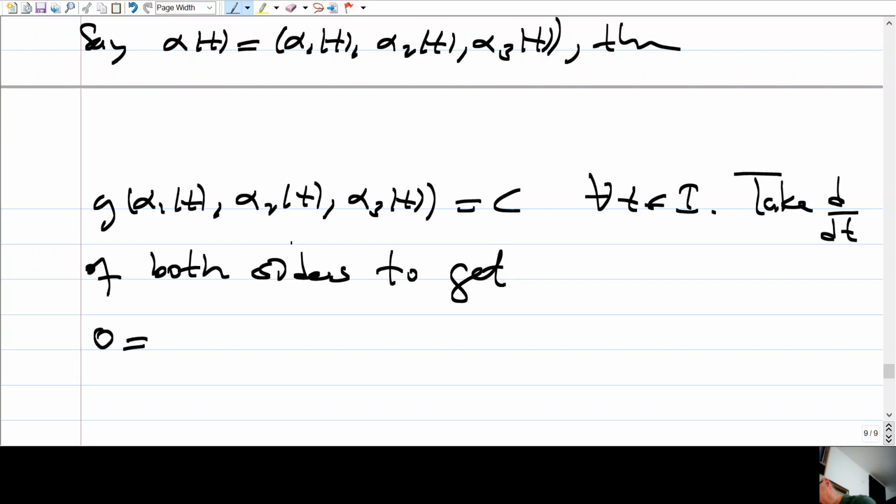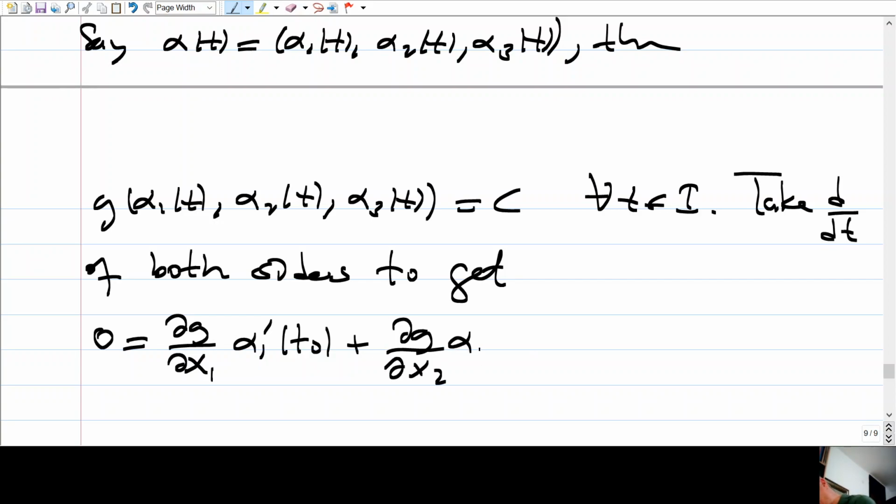Well, I have to apply the chain rule. First, the x1 derivative of g, times alpha 1 prime at t0, then the x2 derivative times alpha 2 prime t0, plus the x3 derivative times alpha 3 prime t0.